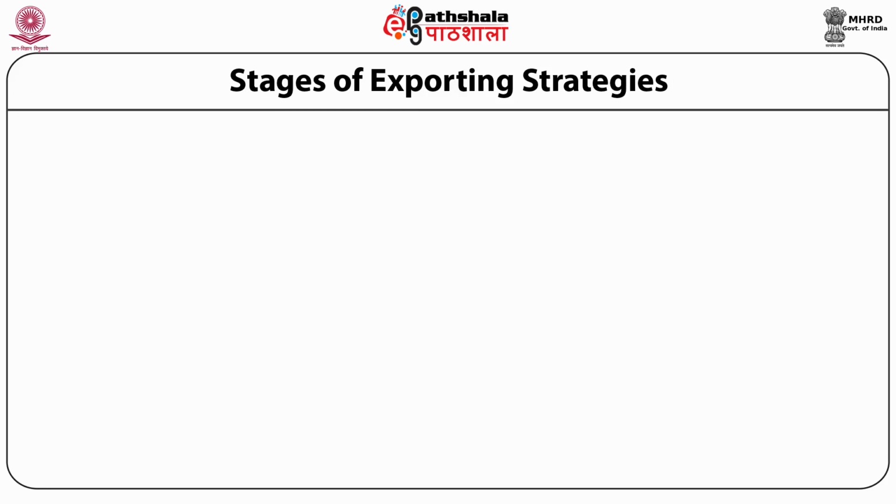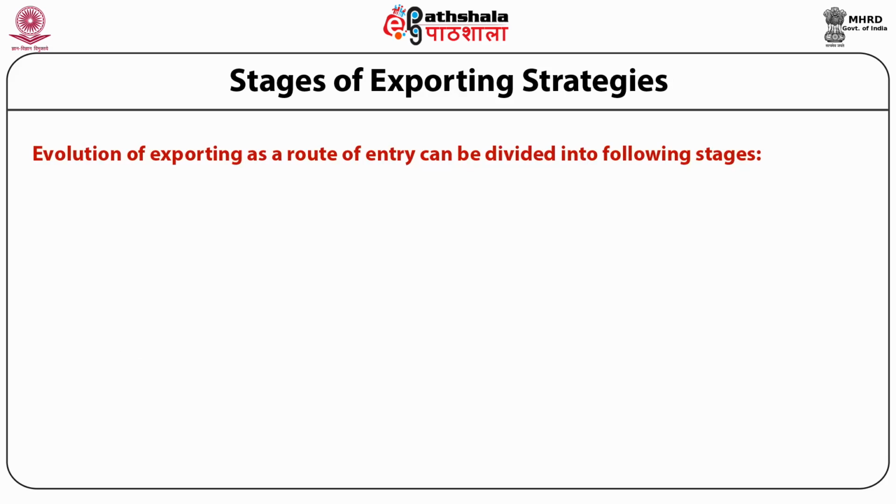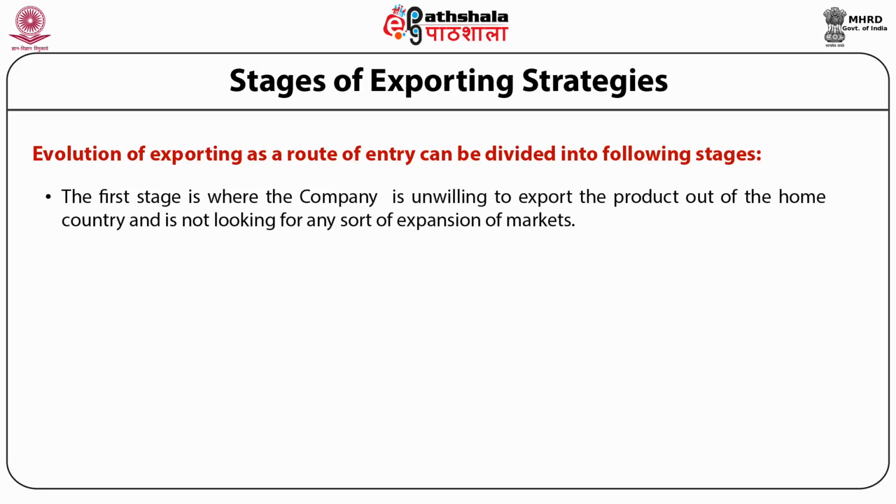Stages of exporting strategy. Evolution of exporting as a route of entry can be divided into the following stages. The first stage is where the company is unwilling to export the product out of the home country and is not looking for any sort of expansion markets.